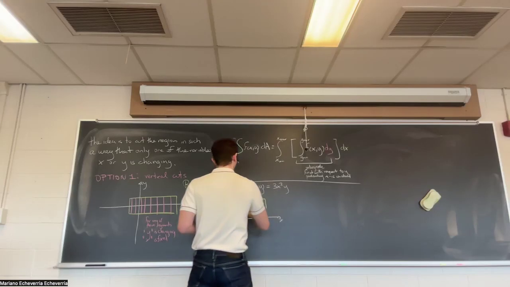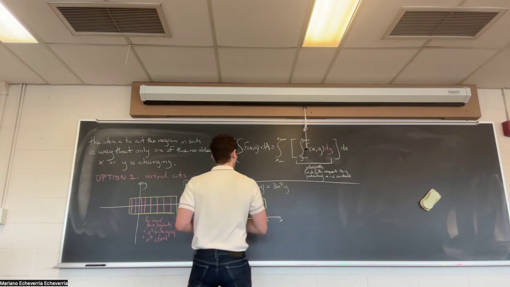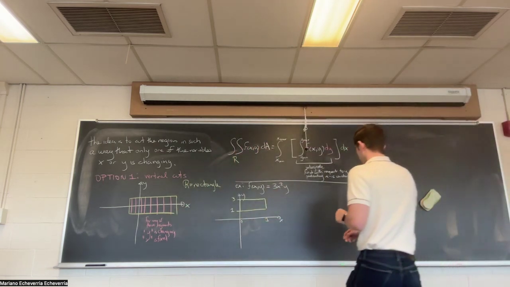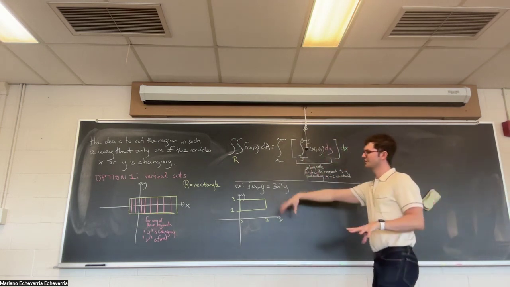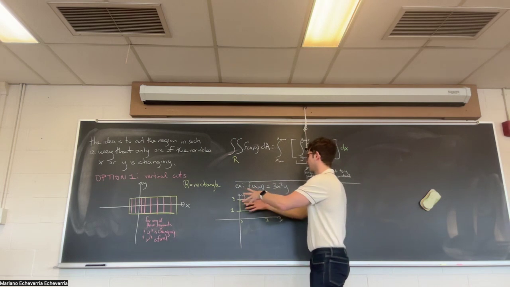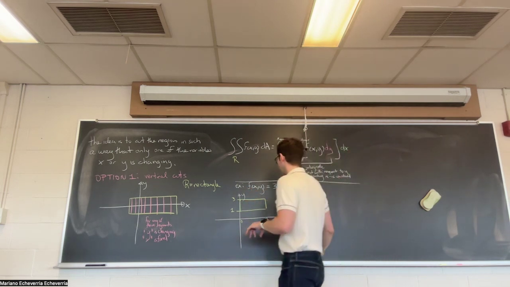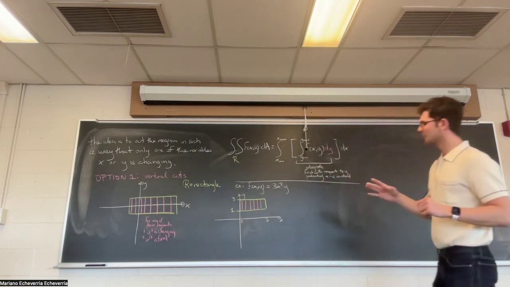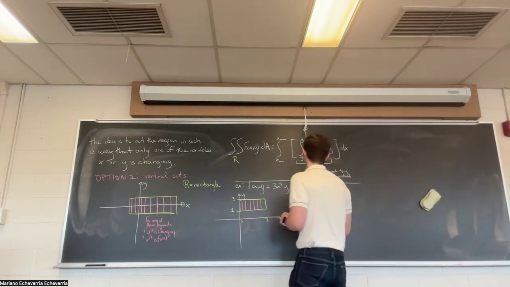Here 0, 1, and this is 1, 3. So again, you have to imagine there's this graph of the function, and we're looking at the volume between the graph and this piece of the rectangle. What I'm saying now is that we're breaking the rectangle vertically, okay? So along one of these vertical slices, y is changing first.